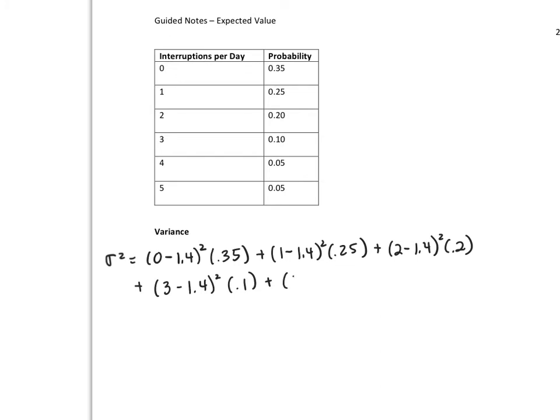Plus 4 minus the mean, squared, times 0.05. Plus 5 minus the mean, squared, times 0.05. And I used my calculator, and I got 2.04.